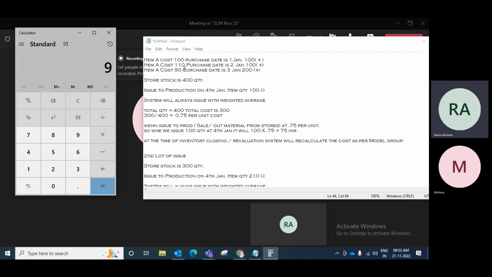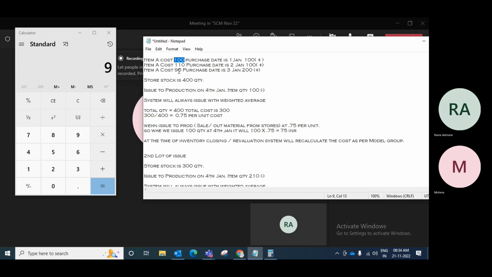So what we need to do is, this cost is not total cost what we consider in our example. We consider this 90 for 200, 100 for 100, 110 for 100 and 90 for 200. This is our understanding while calculating this. What it means is we are not considering this as a per unit cost.